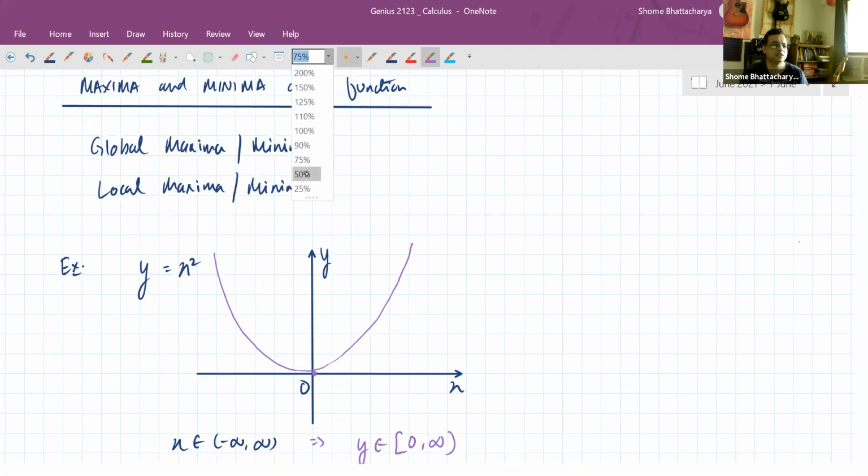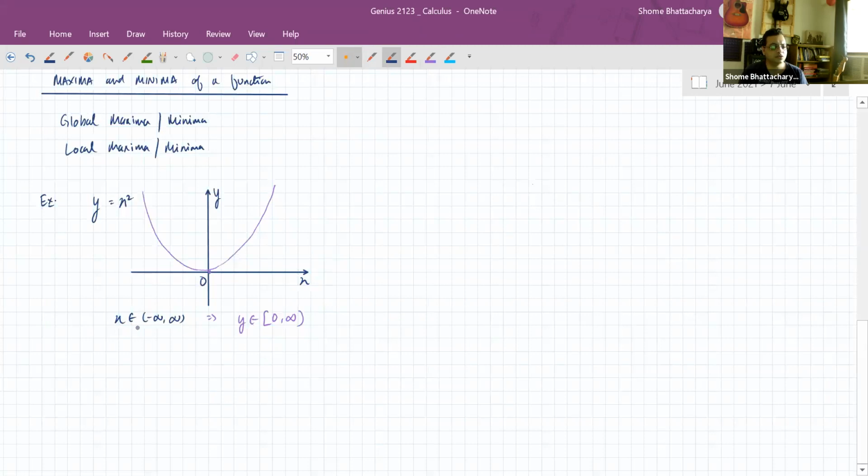So in this case, because no specific domain was given, we will take the largest possible domain of x, which is all real numbers. So we will see that overall, the maximum possible value of y is tending to plus infinity.